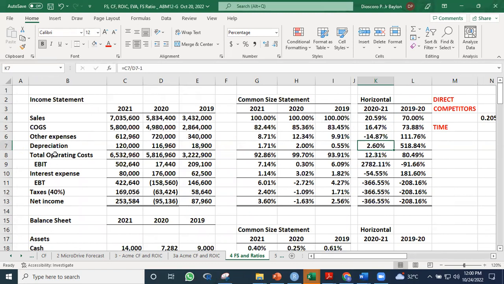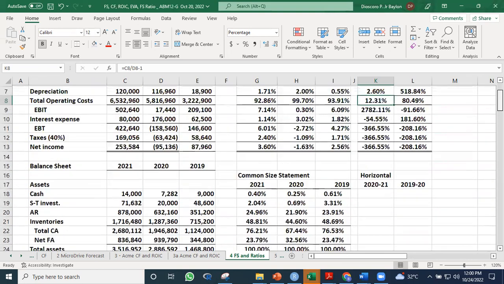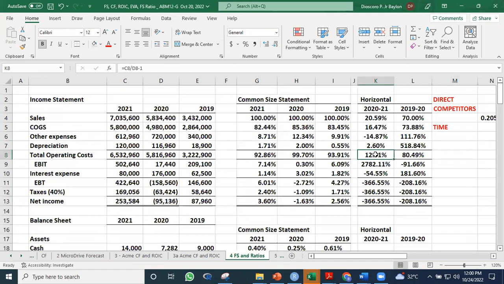So yung total operating cost natin tumaas ng 12.31%. Okay? 12% tumaas yung operating cost natin. But that's okay kasi yung sales natin went up naman by 20.59%. So yung increase in operating cost was covered by the increase in sales. Okay? So okay lang yun.